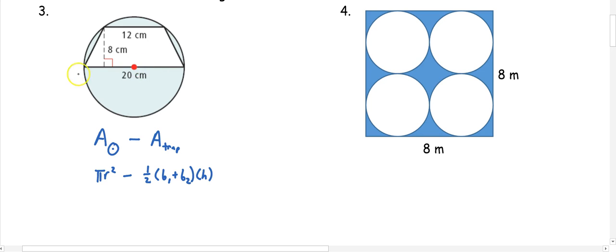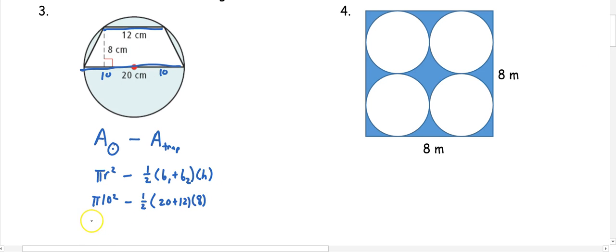So if 20 is the diameter, then our radius is 10. So we have pi 10 squared minus 1/2. We have one base down here, which is 20, and the other base is 12. And we're going to add those together, times our height, which is 8.